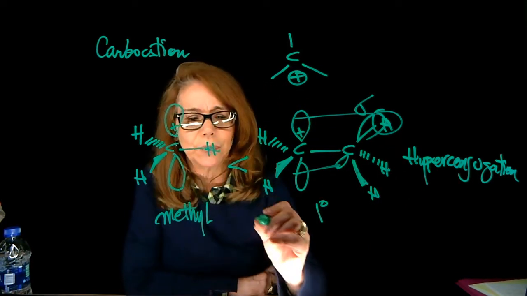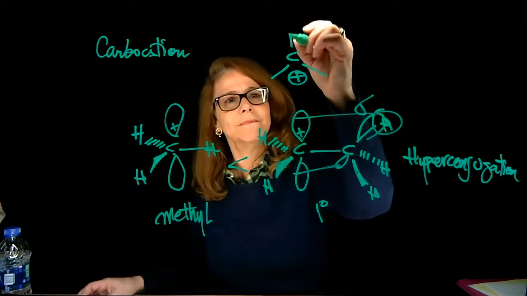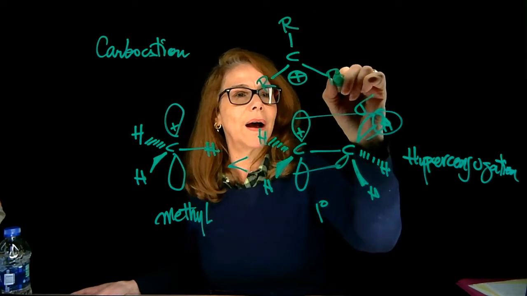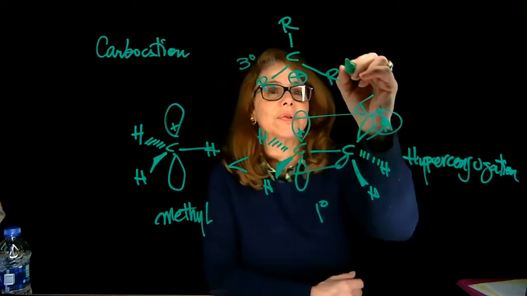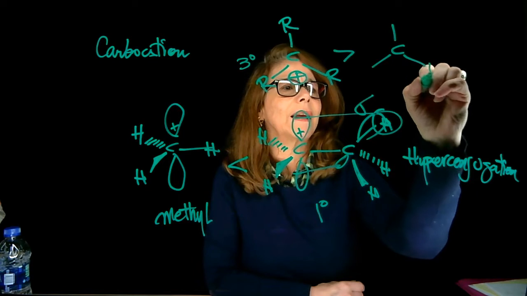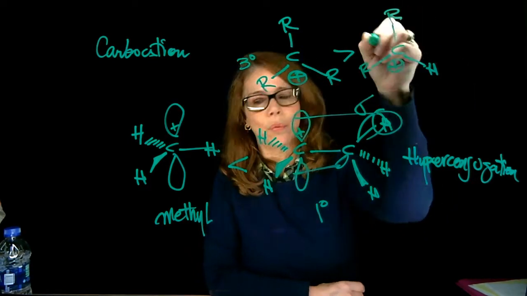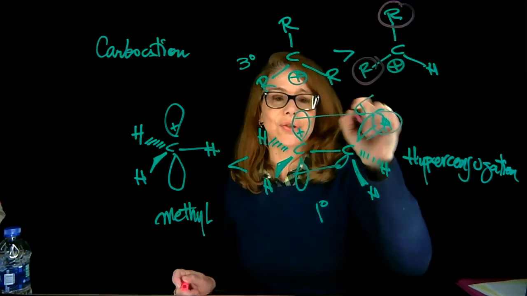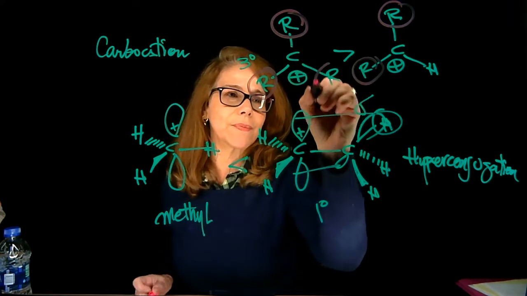So in general, if we call this R, then this is a tertiary carbocation, which is more stable than a secondary. Notice that in a secondary, we have 2 R groups attached to the central carbon. Here you have 3.